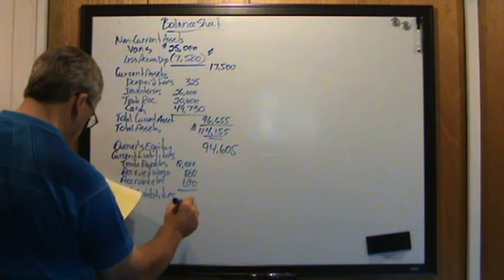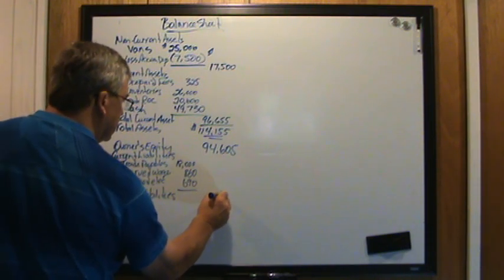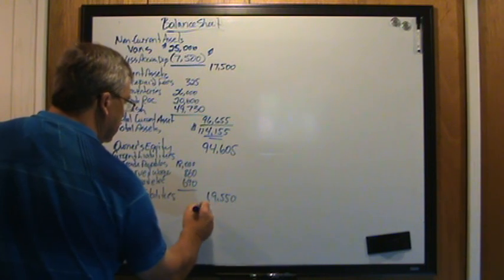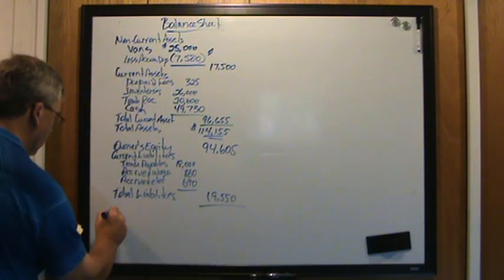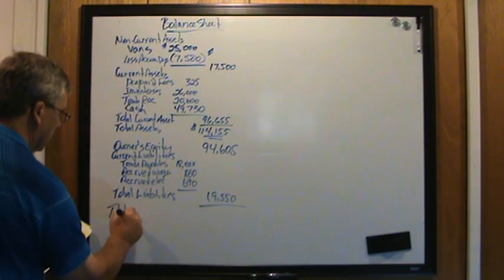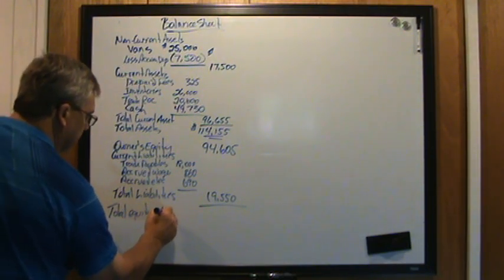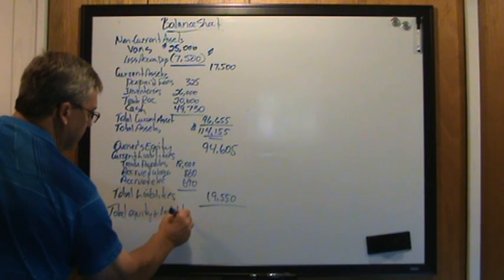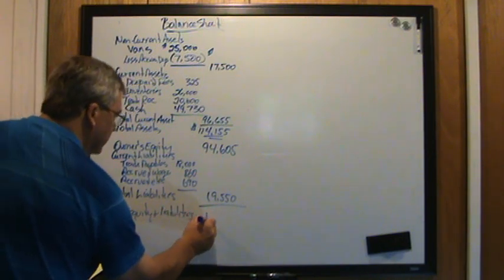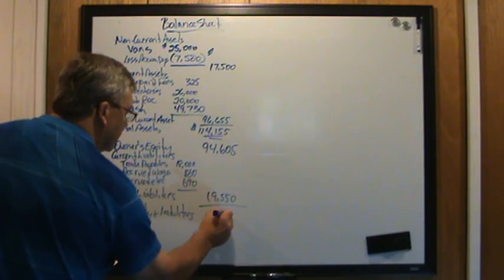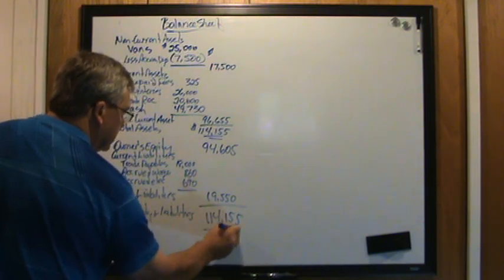Total liabilities are $19,550 for a total of equity plus claims or liabilities is $114,155.